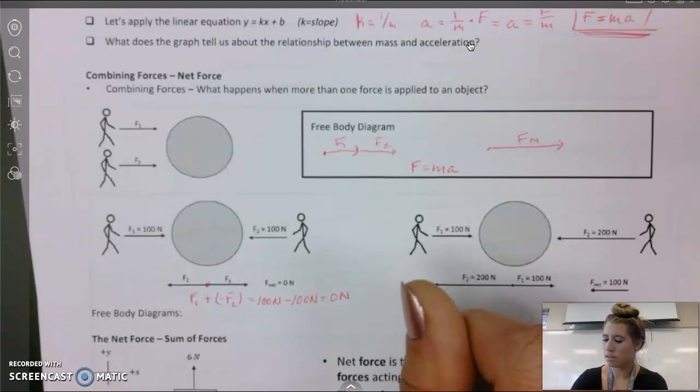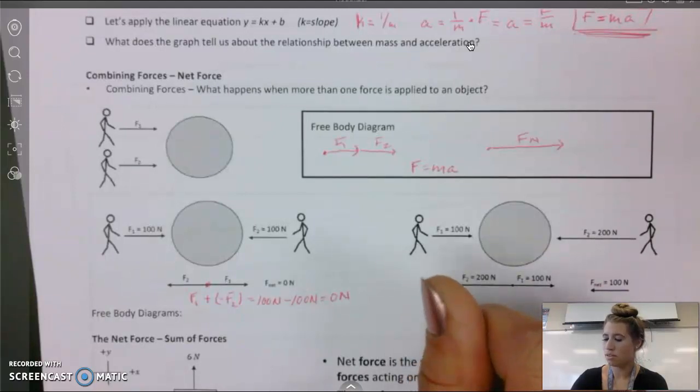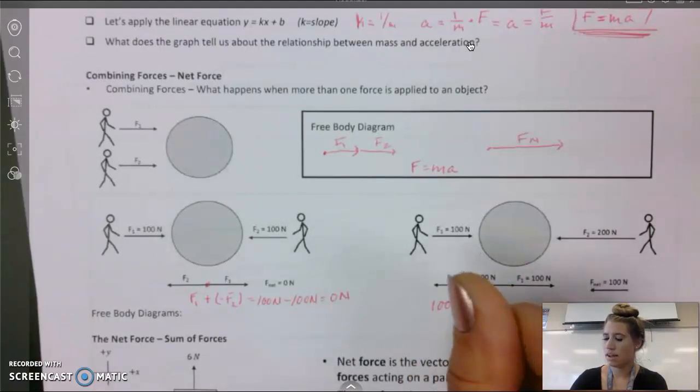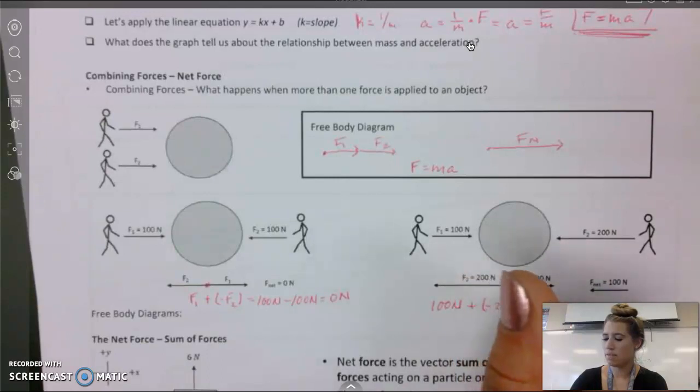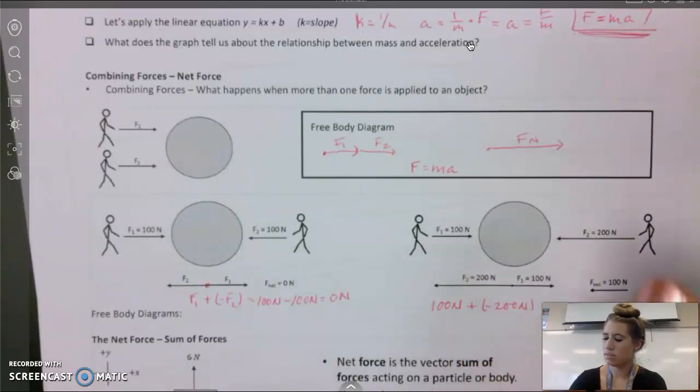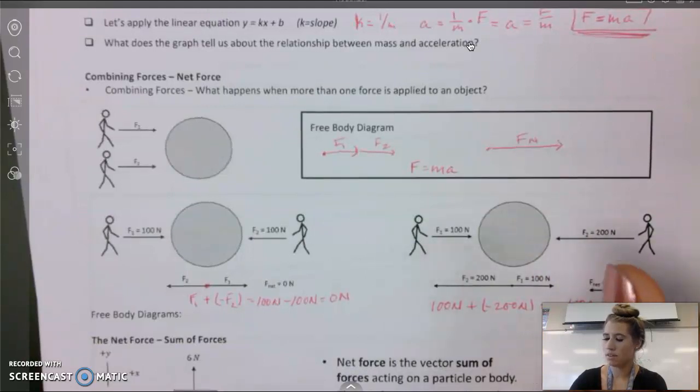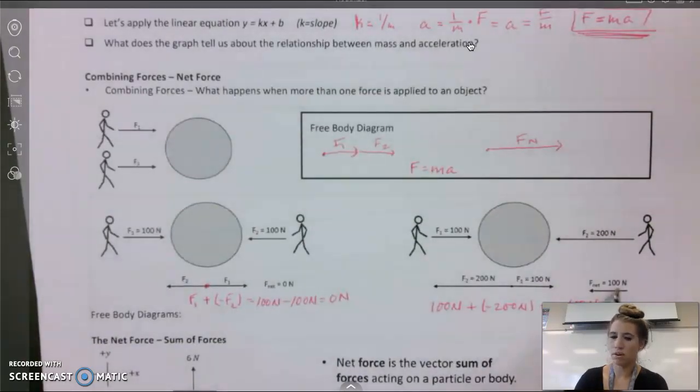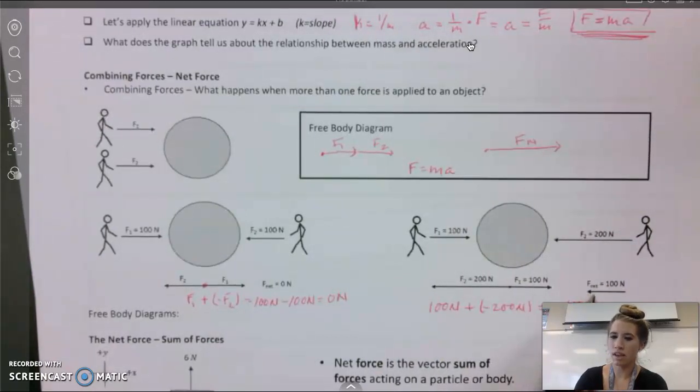I have a positive 100 newtons, and then I'm going to add that to a negative 200 newtons. And so my overall would be negative 100 newtons. That's my overall force. All these combined result in the same thing as me just applying a negative 100 newtons in the x direction.